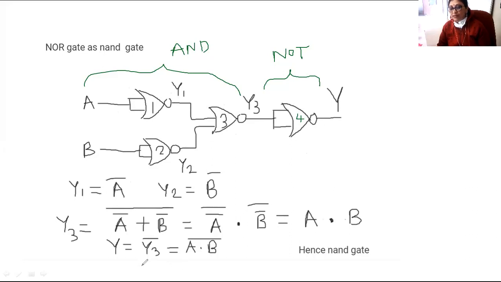Y3 is nothing but A dot B. Therefore, Y will be equal to Y3 bar, which is (A dot B) bar. Hence, this is the Boolean expression of a NAND gate, and therefore this circuit will work as a NAND gate.